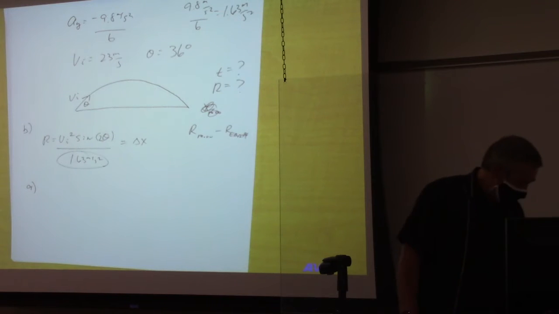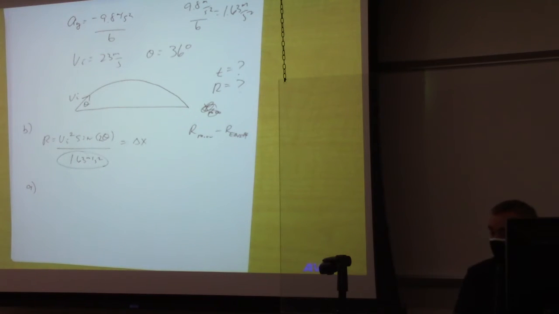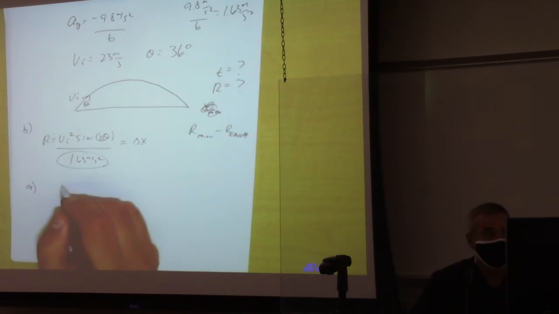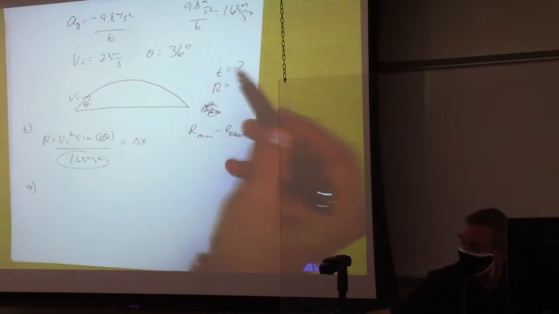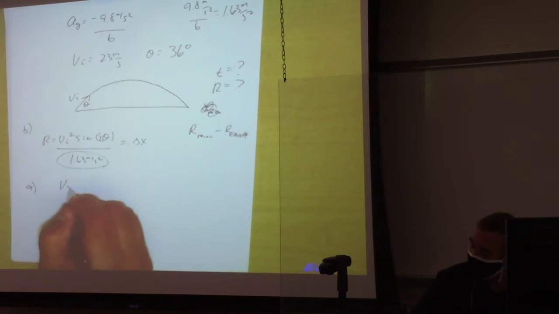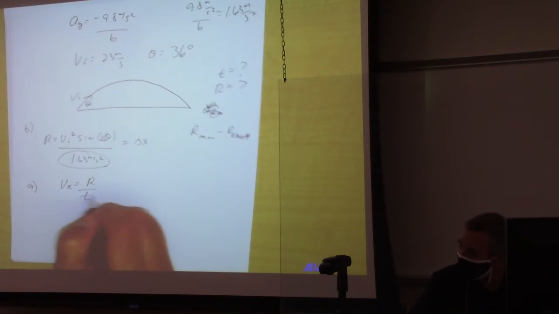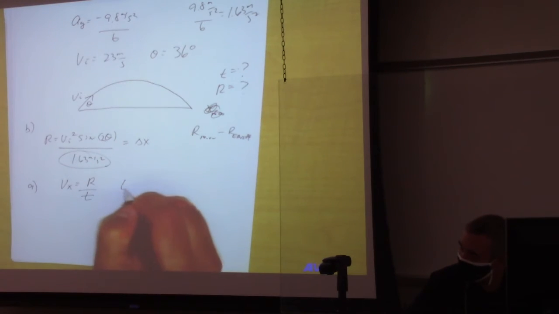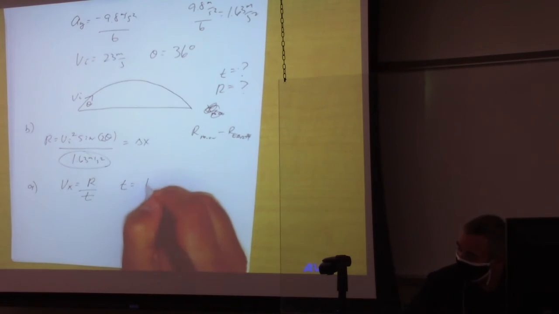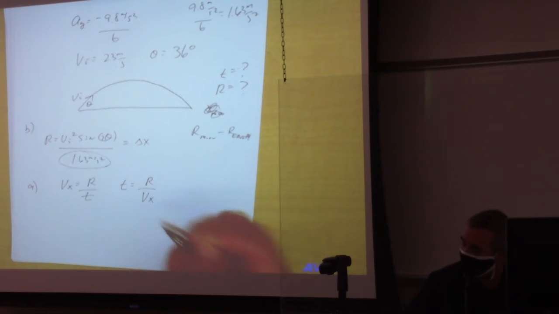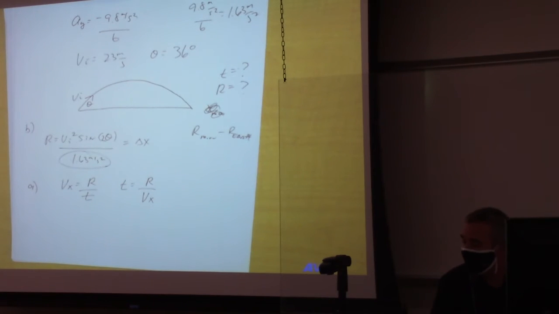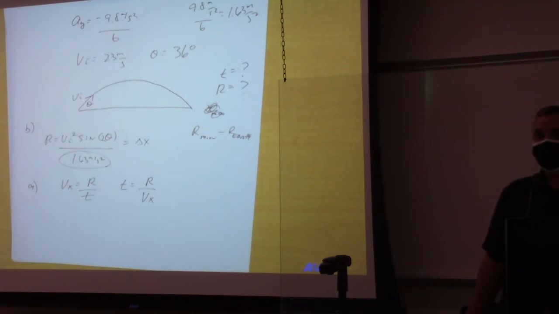So for part A, we could use the x direction. Part A, if you remember, is figure out how long it's in the air. So take the x velocity. That's the range that you just found divided by the time. So then the time, doing a little bit of algebra, is the range divided by the x velocity.